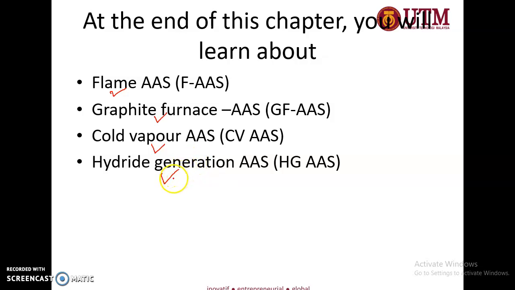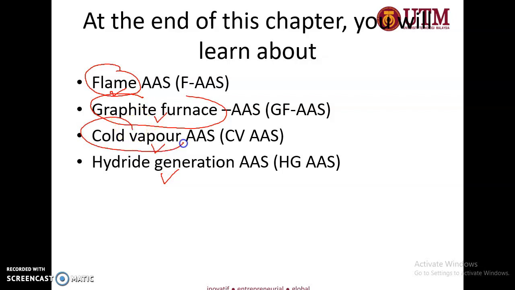Flame AAS is using flame as the atomizer. Remember, we want to atomize every chemical that is injected into a single element, while graphite furnace is using a very hot electrodeless, flameless furnace inside it.